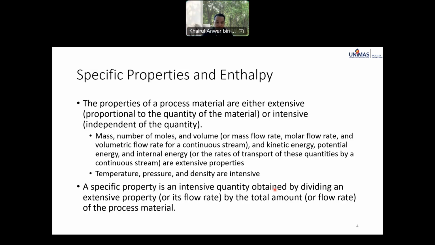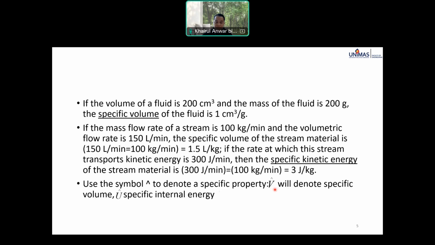A specific property is an intensive quantity obtained by dividing an extensive property, or its flow rate, by the total amount or flow rate of the processed material. If the volume of the fluid is 200 cubic centimeters and the mass of the fluid is 200 grams, the specific volume of the fluid is 1 cubic centimeter per gram.